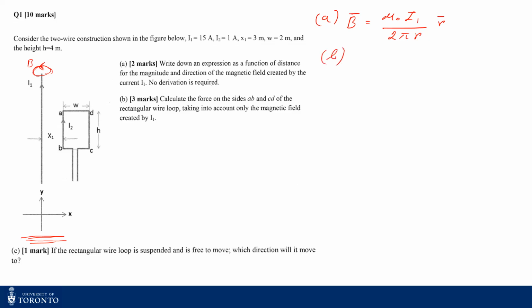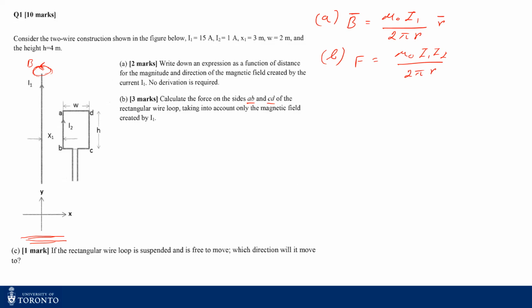For part B, they have asked you to find the forces on sides AB and CD of the rectangular wire loop because of the magnetic field due to I1. Remember that the force between two current carrying wires is given by mu naught I1 I2 divided by 2 pi r, where r is the distance between the two wires.